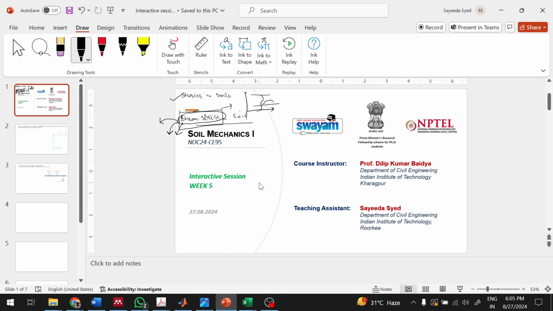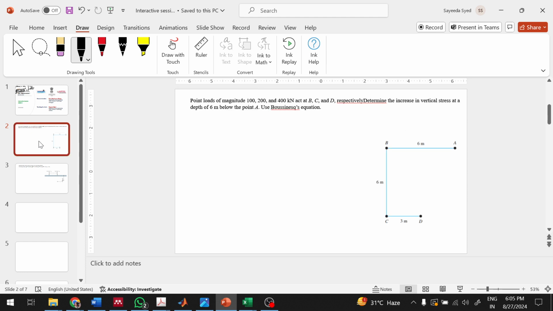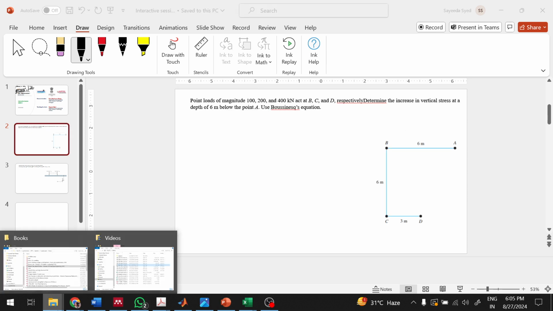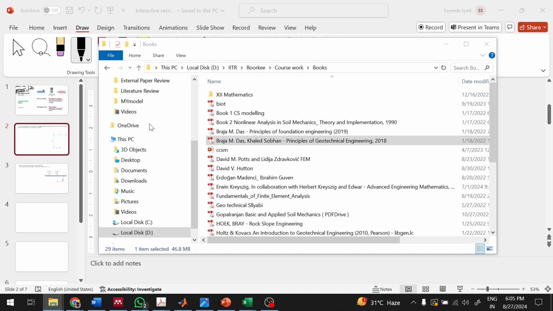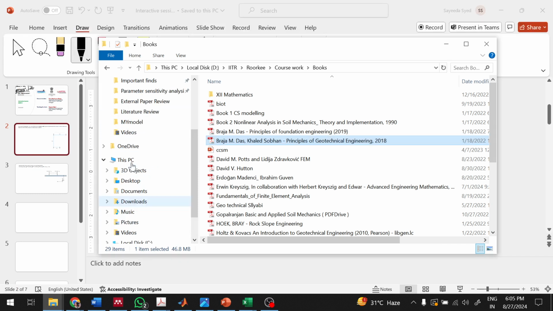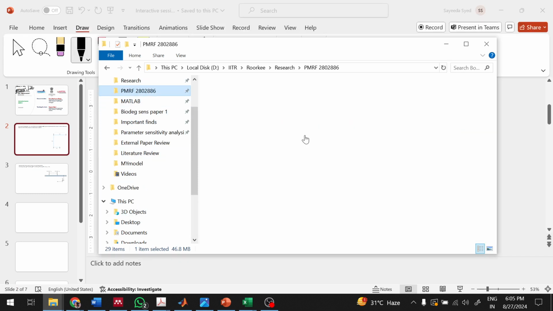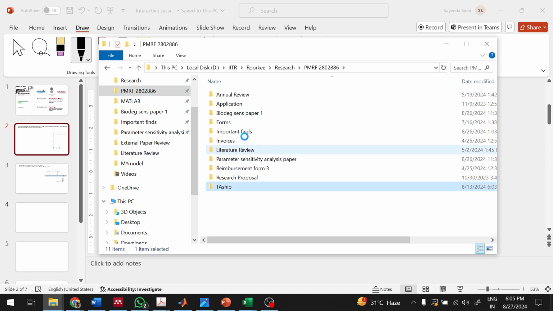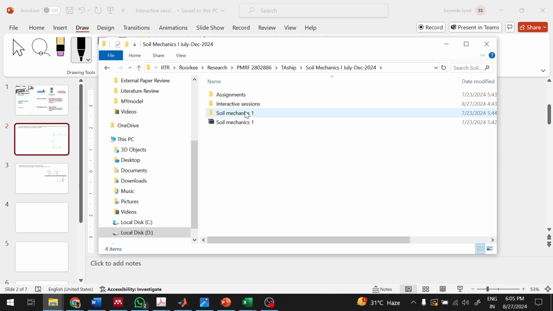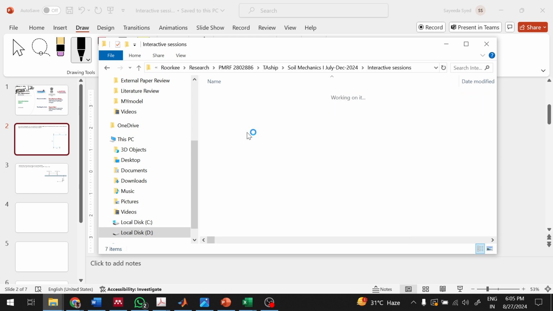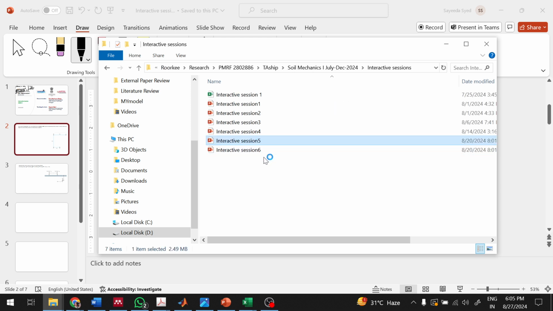Okay. So let's move on. Let's first actually recapitulate what we studied in the previous interactive session. The fifth interactive session.